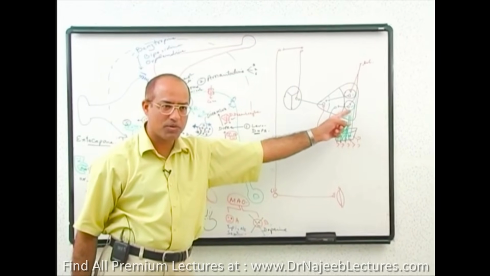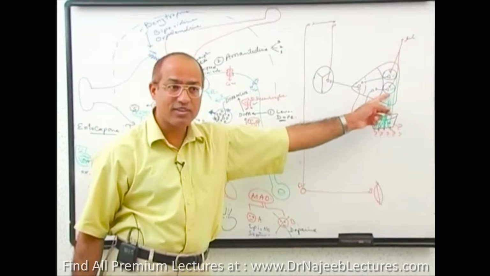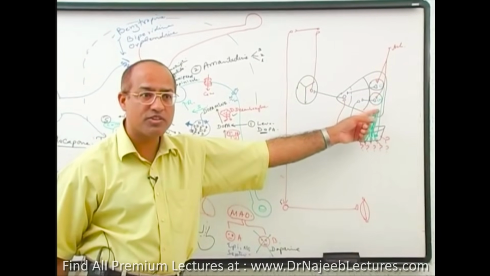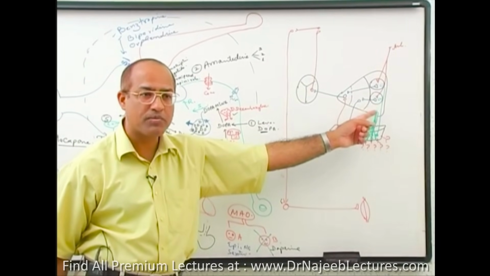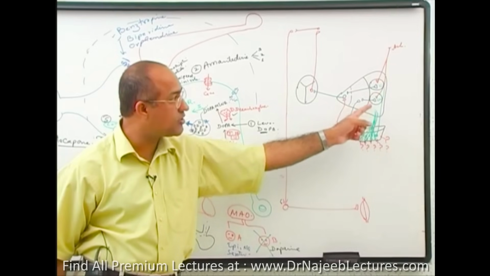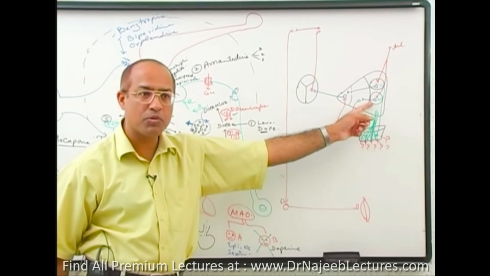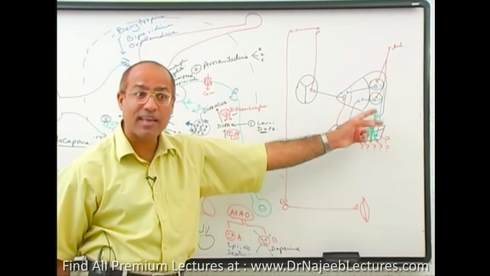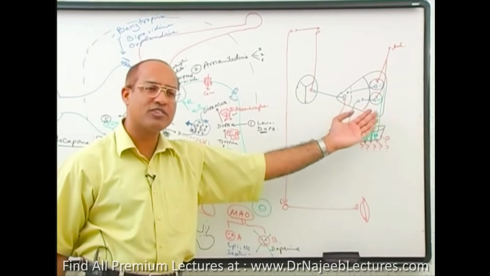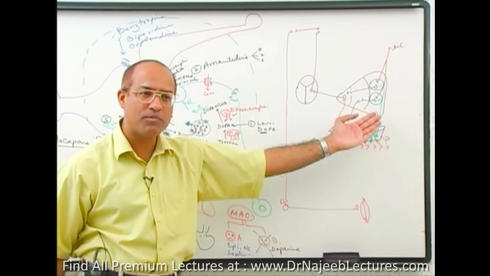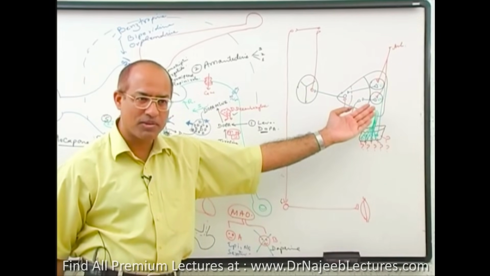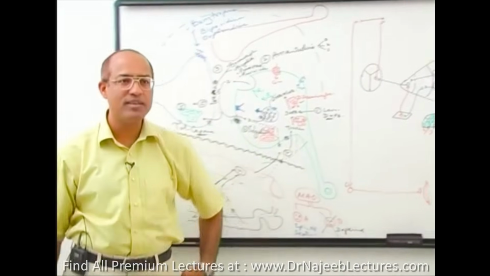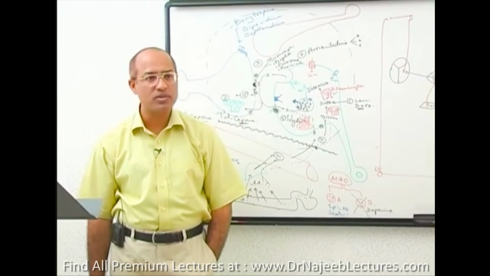Either you provide more dopamine by increasing synthesis by levodopa, or helping that system to synthesize, release, and reduce uptake by amantadine, or by directly stimulating the receptors by bromocriptine and its friends, or by reducing the destruction by monoamine oxidase inhibitors like selegiline, or reducing the destruction of dopamine by inhibiting COMT like Tolcapone. And of course, you will not forget, you have good memory, that anticholinergic drugs can be used.